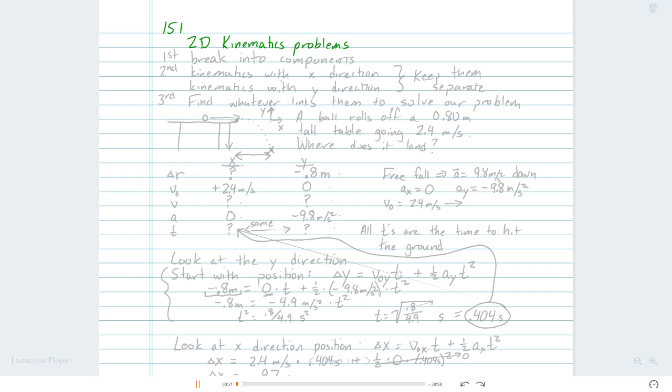We're going to do first, we're going to break everything up into components if it's not already in component form. Then we're going to do kinematics with the x direction, and we're going to do kinematics with the y direction, and we're going to keep them separate.